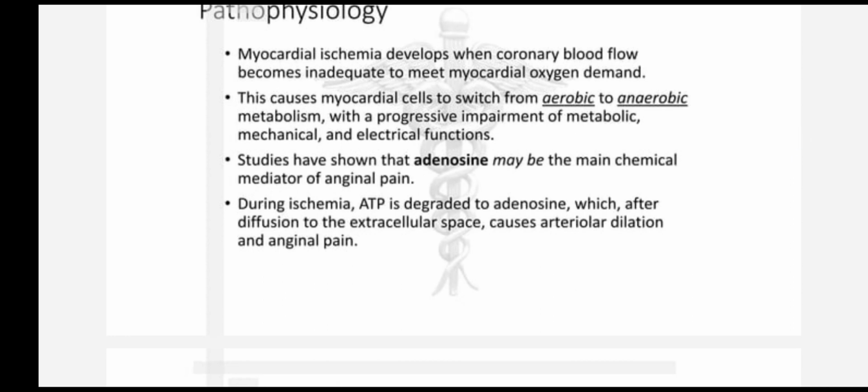Adenosine may be the main chemical mediator of anginal pain. During ischemia, ATP is degraded to adenosine, which after diffusion to the extracellular space causes arteriolar dilation and anginal pain.